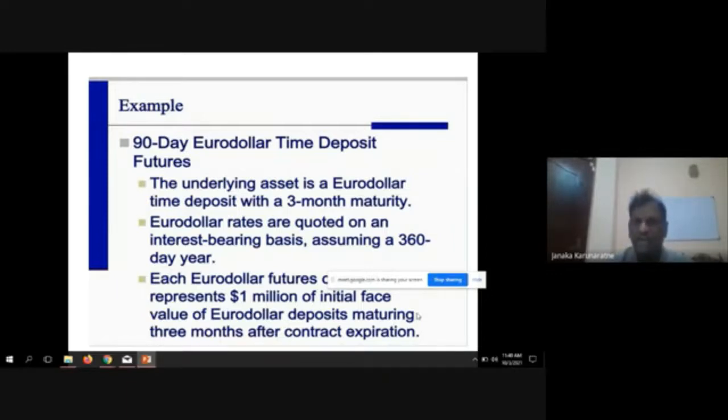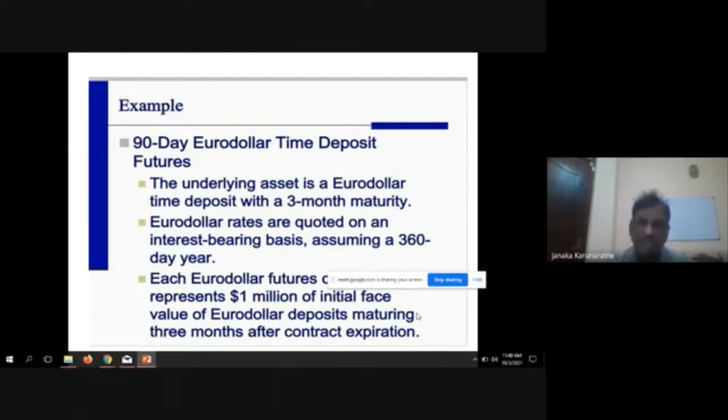Let's say any country, any bank, if you issue US dollar deposits, that is called a Eurodollar deposit. To manage interest rate risk, you can use Eurodollar time deposit futures in the futures exchange, 90 days. This is short term, like a forward rate agreement. This is a short-term risk management instrument. The underlying asset is a Eurodollar time deposit with a 3-month maturity, 90 days.